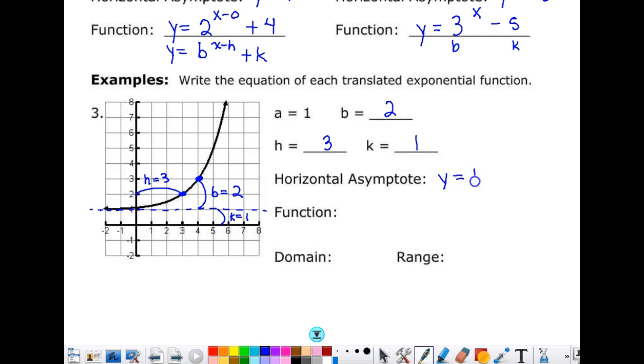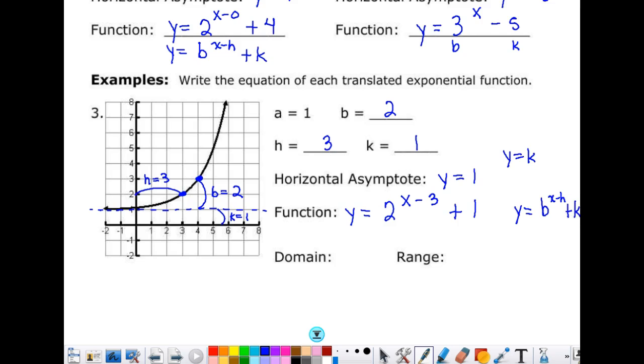It's the same as the K. Y is K. So our function, Y equals the B, 2, and then x minus the h, and then plus the k. If you want to write it out here, b x minus h plus k.